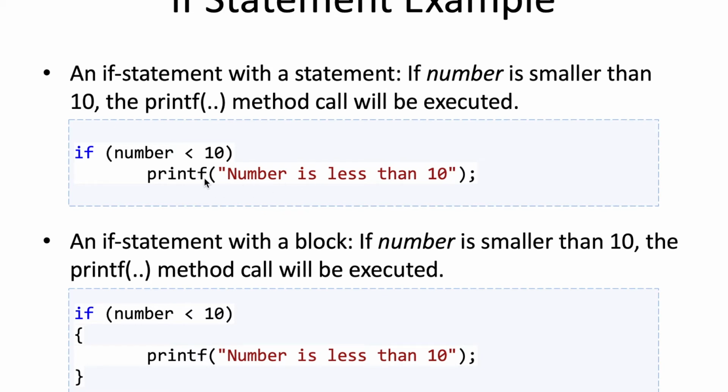The rule is, if you don't use curly brackets, only the one statement that follows the if statement belongs to the if statement. I would suggest that beginners should always use curly brackets, a block of code, to organize your code.